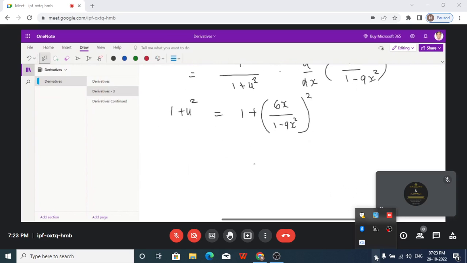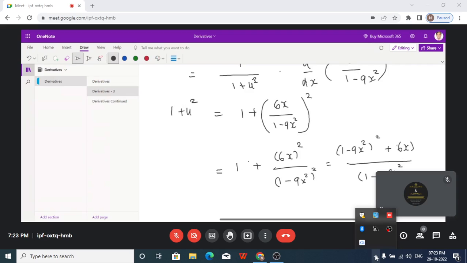So that means 1 plus 6x whole square divided by 1 minus 9x square. You all agree so far? Yes, sir.